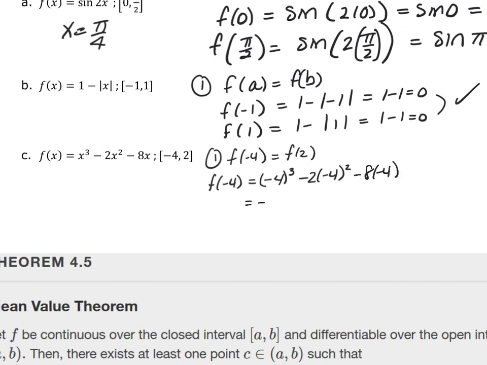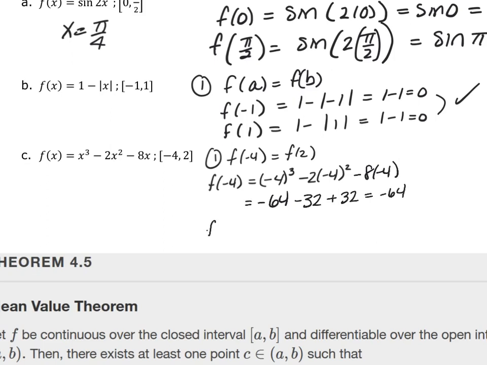So this is going to give me -64. And then I have minus 16 times 2 is -32, and then minus is a plus, so this is positive 32. So my answer when I put in -4 is -64.